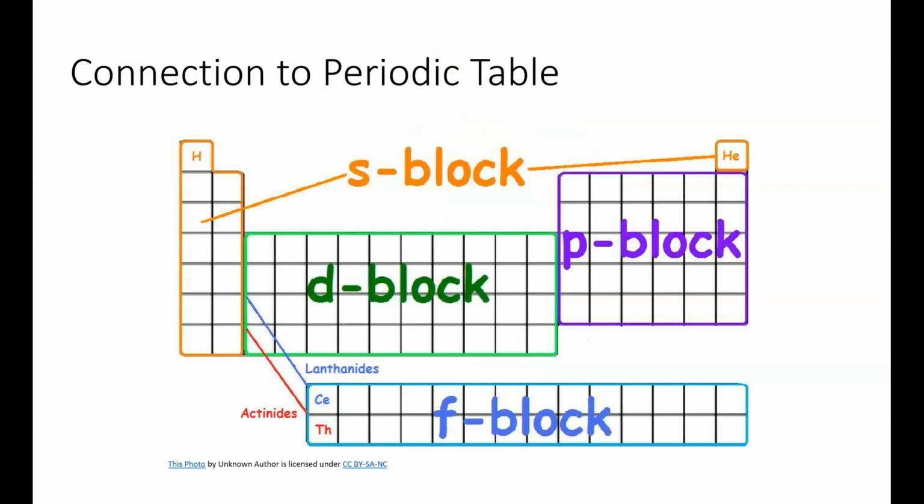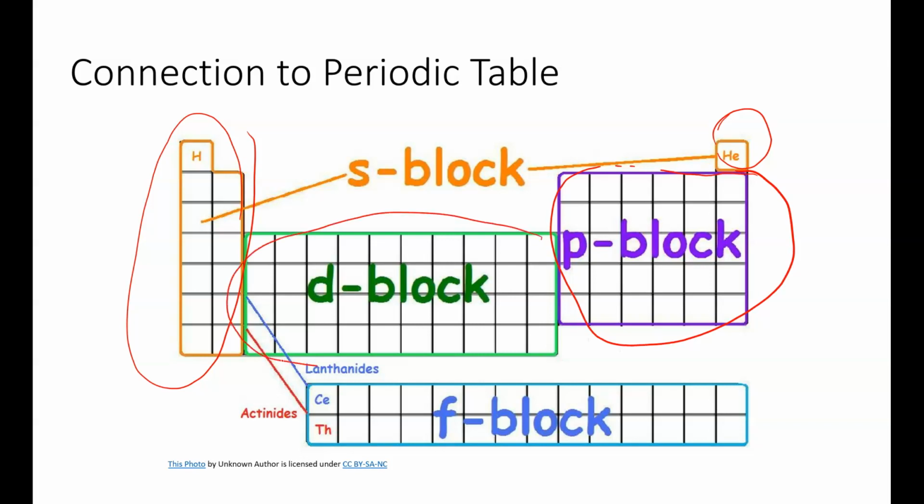If we then connect this back to the periodic table, and this will look a little bit more as we make the configurations, the s blocks are here and here, the p block here, d, and f block. We'll look at how we apply that and how that works when we actually create our electron configurations.